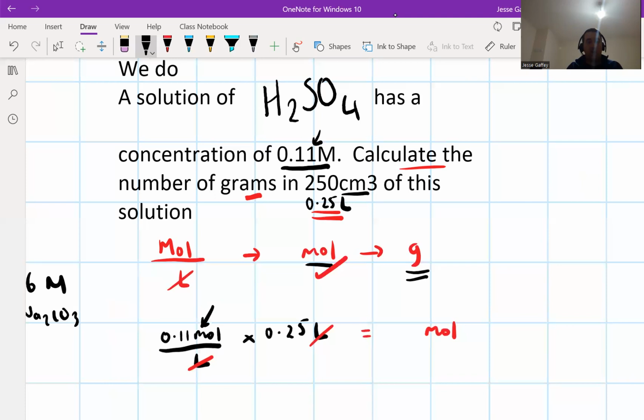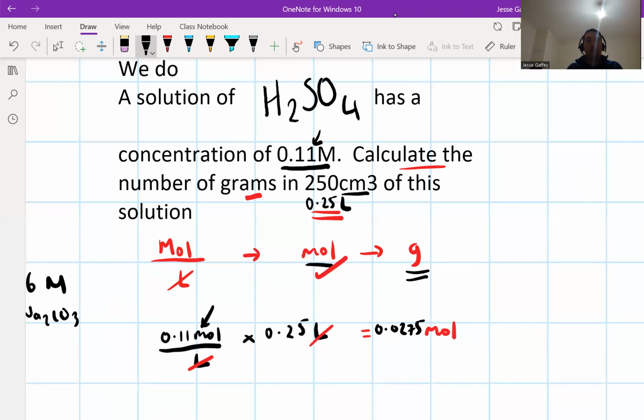If there's 0.11 moles in 1 liter, then I should have less than this in 0.25 liters. Thinking about it logically, when you work this out, I'm getting 0.0275, and that is less than 0.11, so that makes sense, and that's moles.